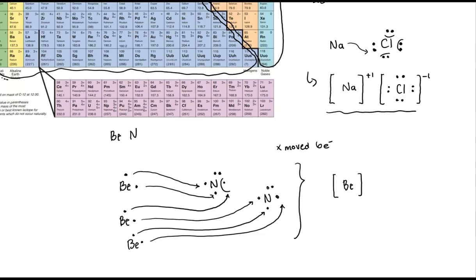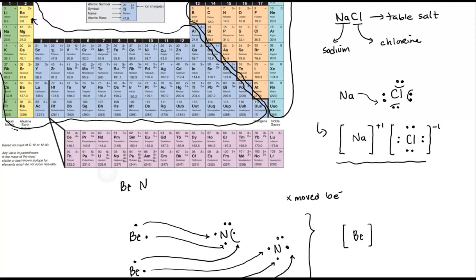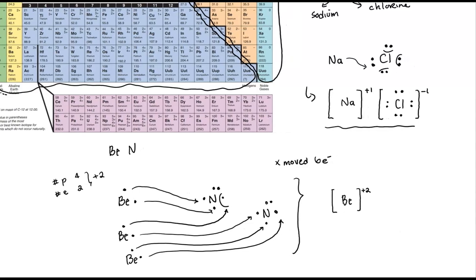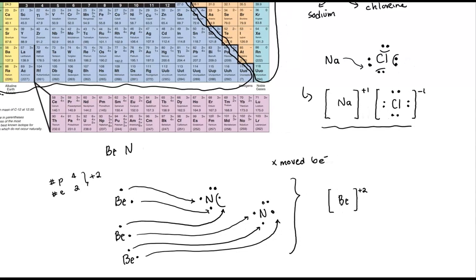Remember the brackets because it's an ion. Each beryllium gives away 2 electrons, and beryllium has 4 electrons and protons. So if we have 4 and then give away 2 of our electrons, we are going to have 2 more protons than electrons. So we're going to have a +2 charge.